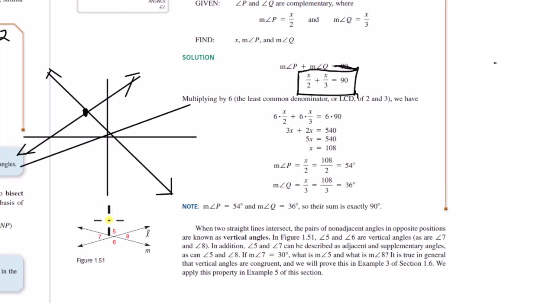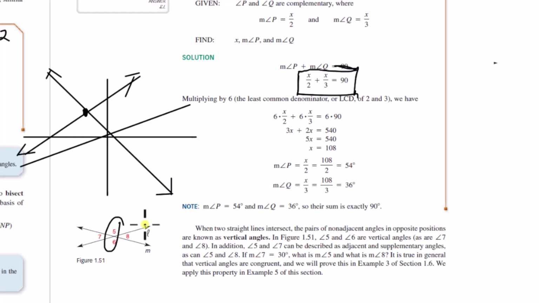The perspective does matter, because also 5 and 8 are adjacent and 6 and 7 are adjacent, but they're not all adjacent. This is kind of tricky. It's not just that 5 and 7 are adjacent and 8 and 6 are adjacent, and that's it. Also 5 and 8 are adjacent and 7 and 6 are adjacent. But 5 and 6 are not adjacent. 7 and 8 are not adjacent.